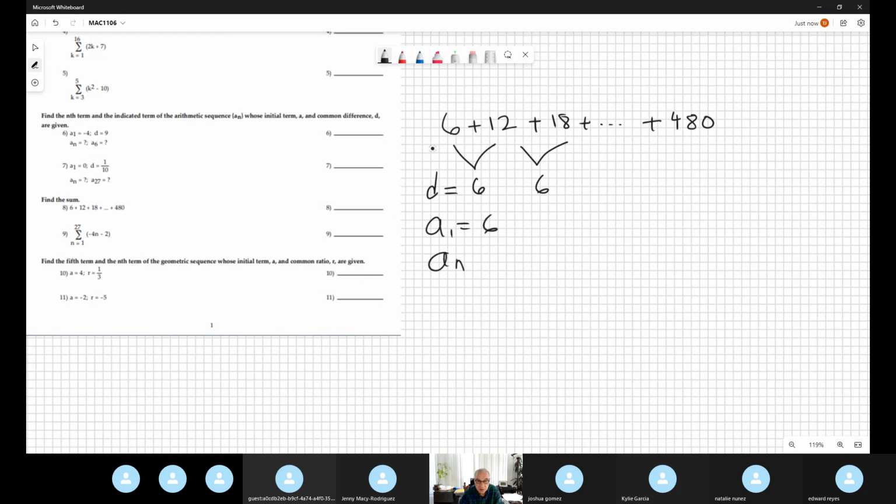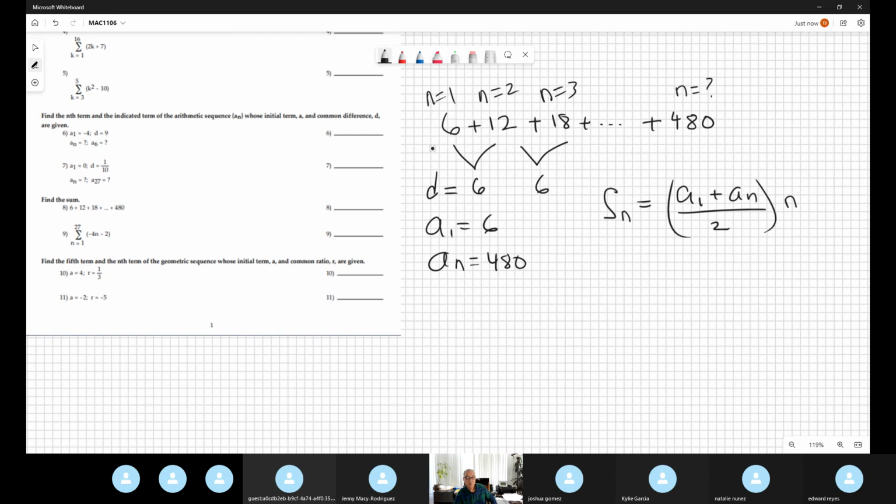A1 is obviously 6. And A sub n, which is the last term, is 480. And the formula for the sum in an arithmetic sequence is A1 plus A sub n, divided by 2, and everything multiplied by n. But the problem is I don't know how many terms there are because it's given incomplete. This is n1, this is n2, this is n3, but this is n equals, no idea.